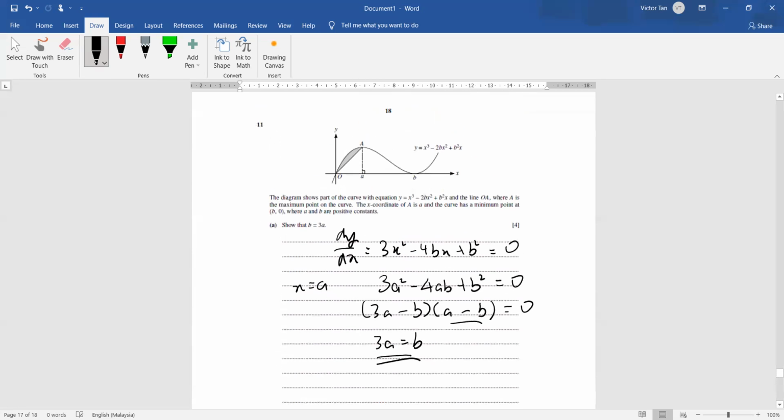Minus the line OA, which would have the equation.